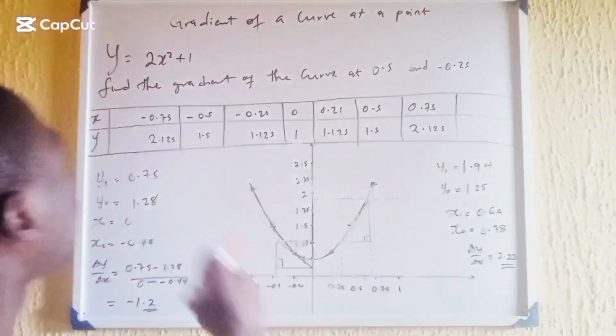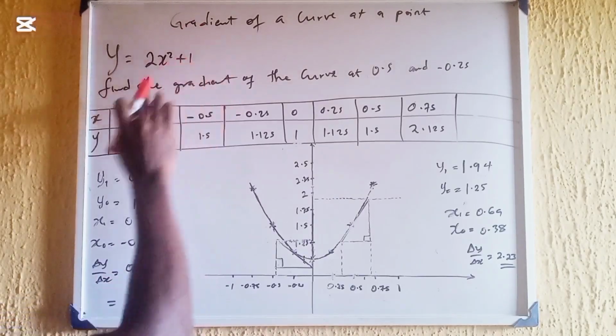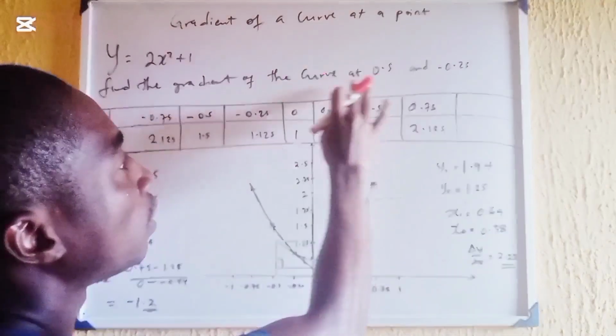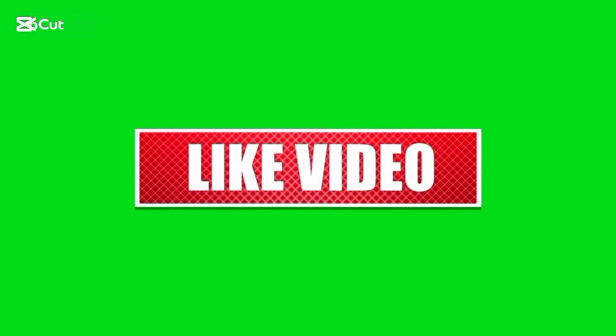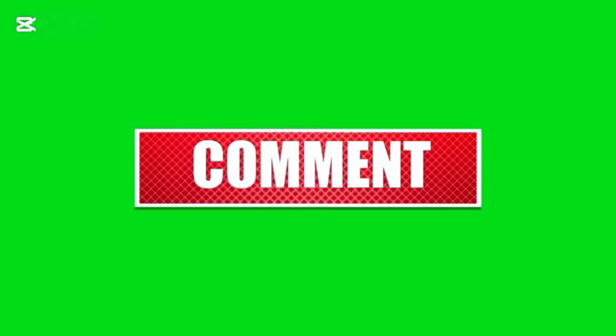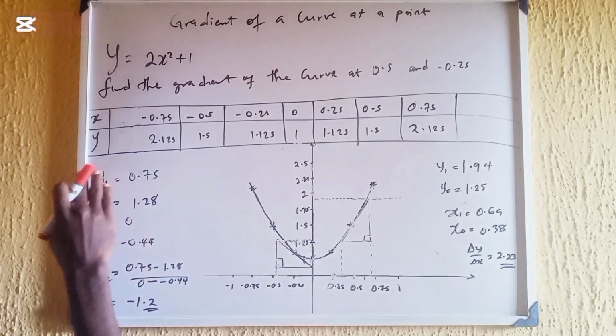Okay, here we have an equation y is equal to 2x squared plus 1. And we want to find the gradient of the curve at 0.5 and minus 0.25. So what do we do?